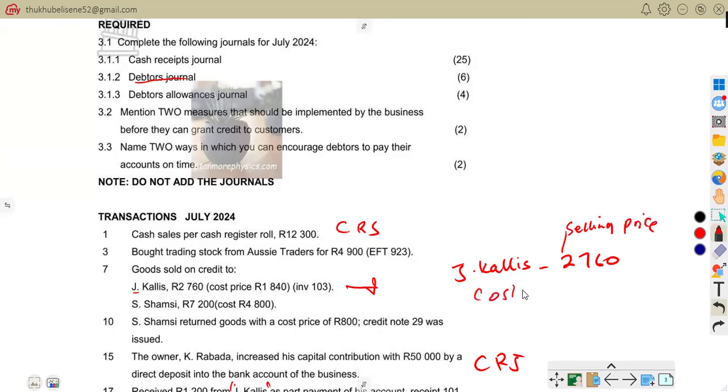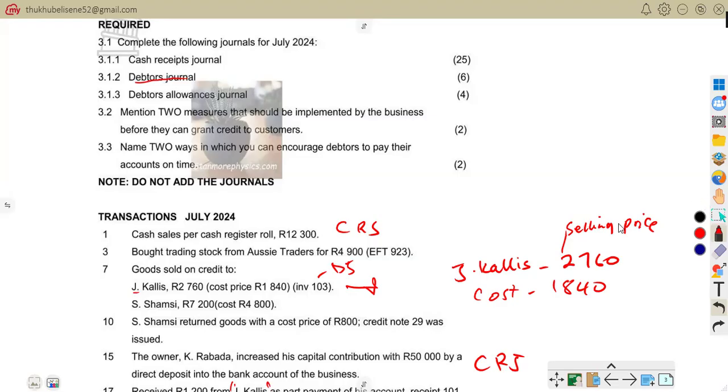And then we want to know the cost price, and we are given the cost price of 1,840. So these are already calculated. So we have said these do affect our debtors journal. So we have DJ, debtors journal.